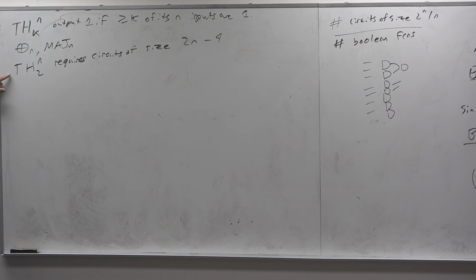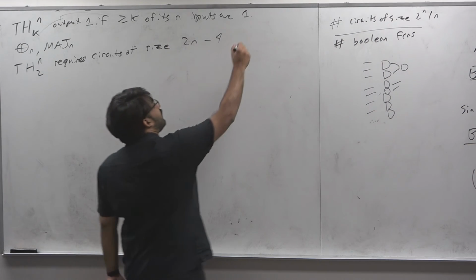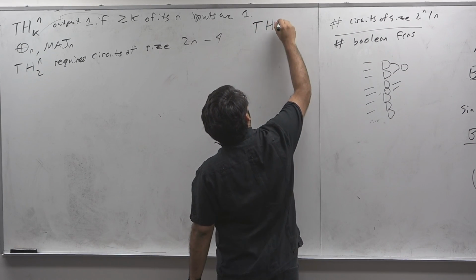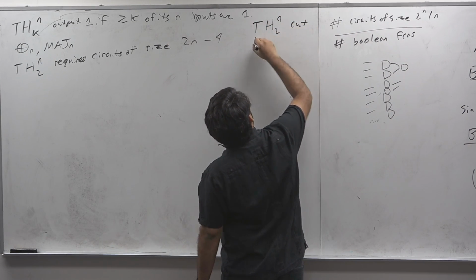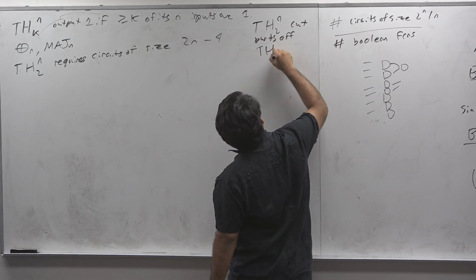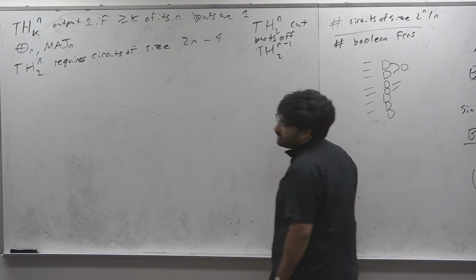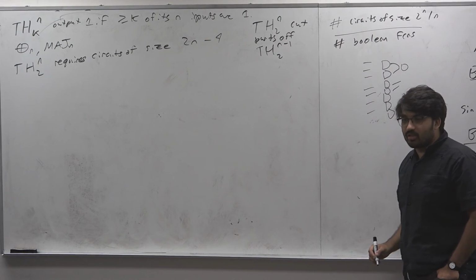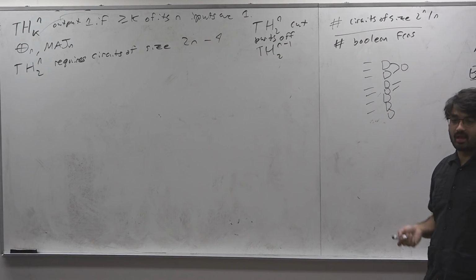We can prove so by induction, because if you take a threshold function, if you take threshold of 2 to the n and cut parts off, you can end up with a threshold of 2 to the n minus 1 circuit, which you can then apply an induction hypothesis to and build back up, right?